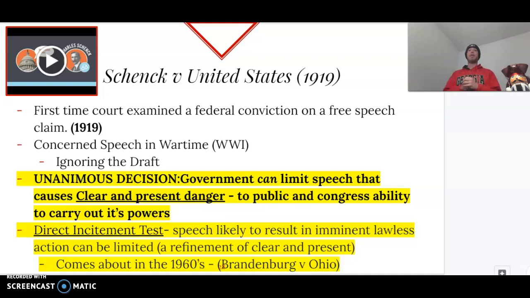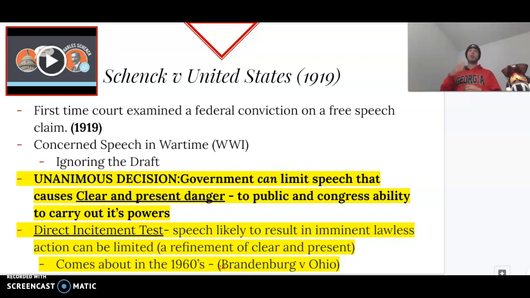By the way, I would emphasize making sure to write down the yellow highlighted portions and to be familiar with those. The clear and present danger. So saying this is something presents clear or obvious danger right now, present to the public, that speech can be limited.